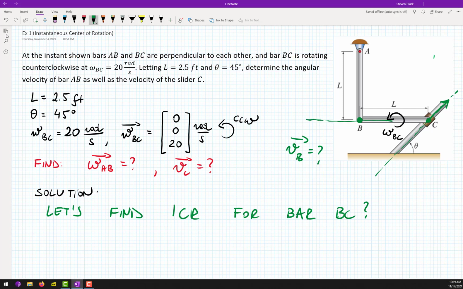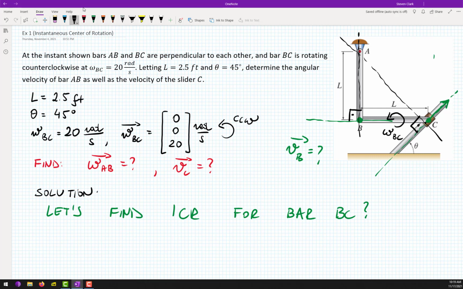So we found the directions of two velocities. Now the next step is to draw a perpendicular line to these two directions. The first perpendicular will be here, this is 90 degrees, and the second one will be here, also 90 degrees.